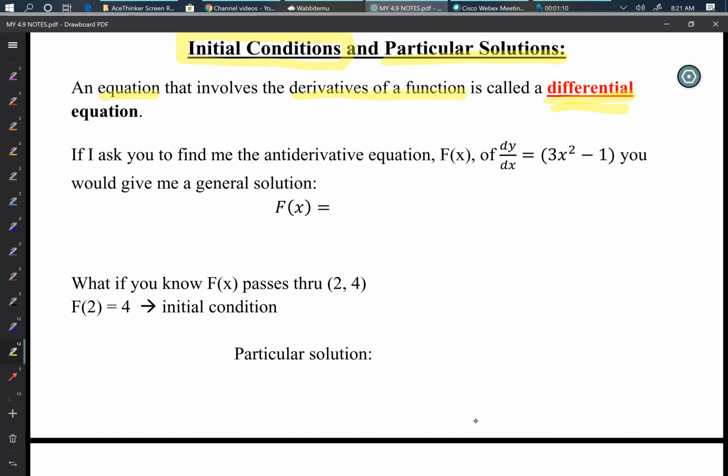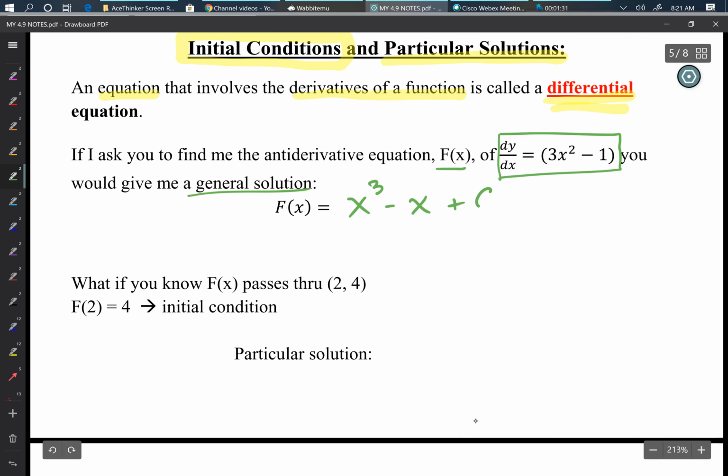All right? So, for example, if I were to ask you to find the antiderivative, that is, big F of this first order differential equation, dy/dx is equal to 3x squared minus 1, you would tell me that the antiderivative, or the general solution, is x cubed minus x plus c.